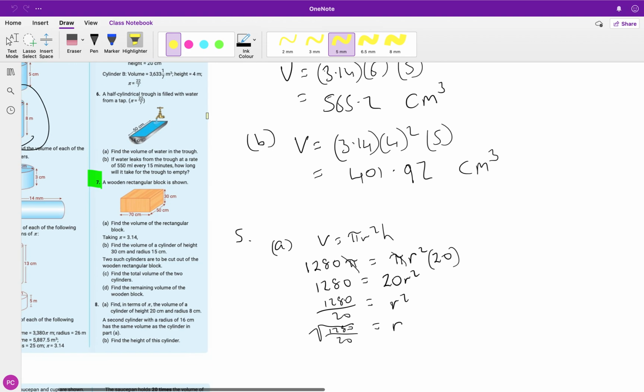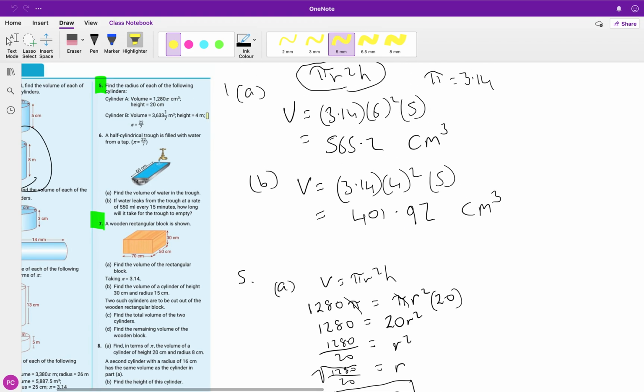I'm going to put that into my calculator, and r is equal to 8. So r is equal to 8 centimeters.